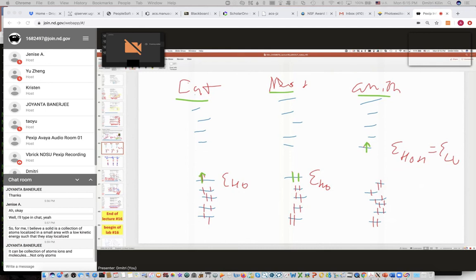So the basic thing is that ionization potential is the oxidation, nothing else. Exactly. And electron affinity is the reduction. Exactly. These two terms are completely correlated.